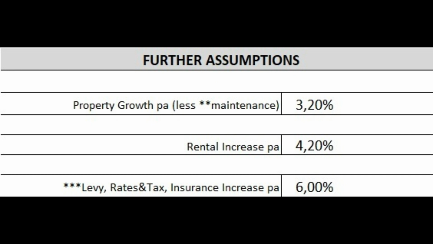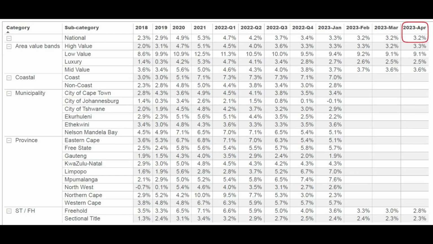Then we look at the further assumptions. What will the property growth be per annum? Then we look at the rental increase per annum, and then the levy, rates, taxes and insurance increases per annum. In other words, that's kind of an inflation figure. Let's discuss the property growth rate. This is based on data from Lightstone Property. They show monthly figures, yearly figures per province, per property class or property type, and the national average is 3.2%.